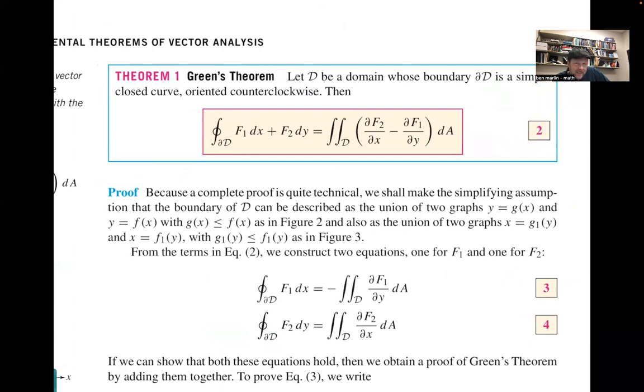Now, here is the thing that it's not saying. My pointer on that is this bit here. In order to say this, you need to have a function that is integrable on that domain.